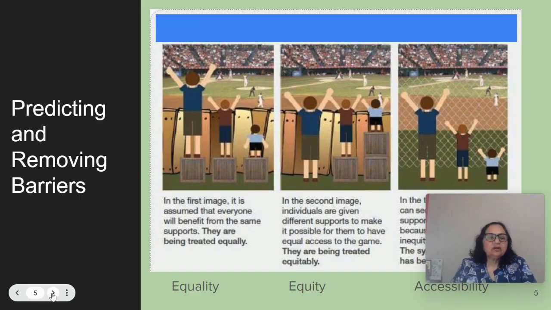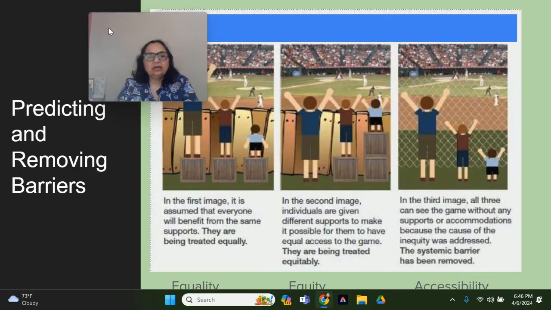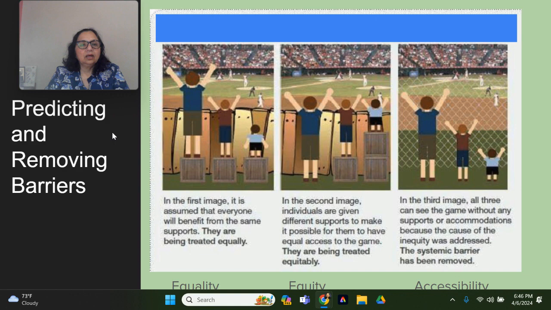Before we move further, I just want to show you this picture. I got it from the internet and adapted it a little bit. In this picture, there are three terms I'm using: equality, equity, and accessibility. You might have heard about these three terms. The first picture is of equality, where everybody is treated equally.